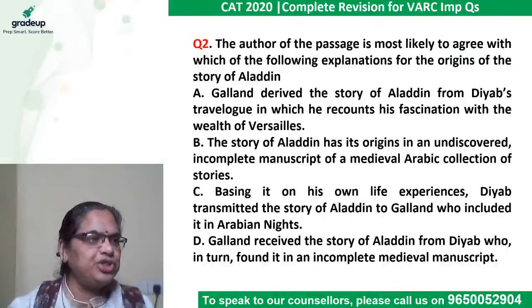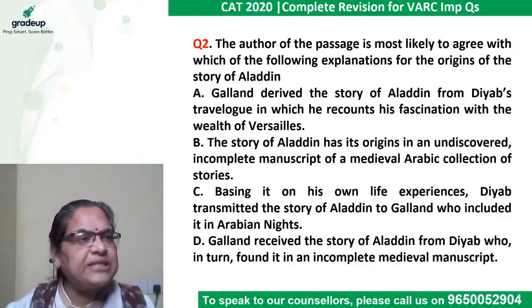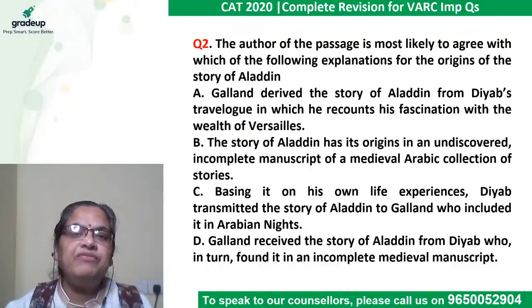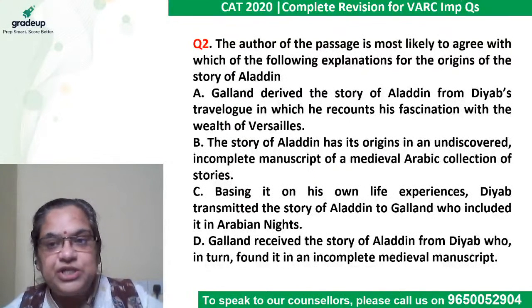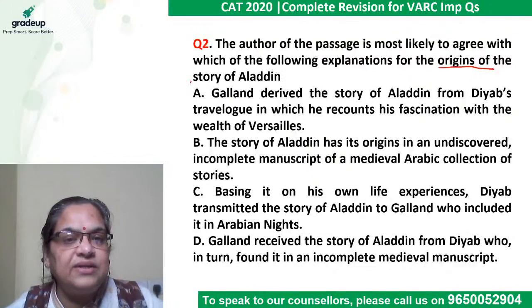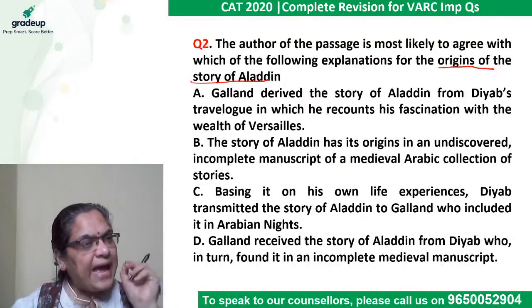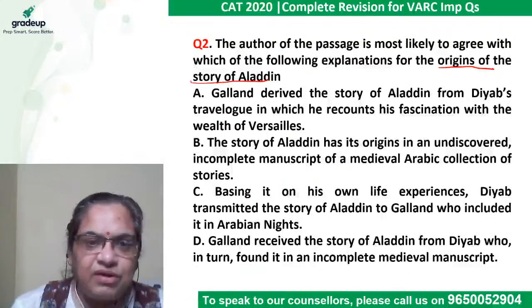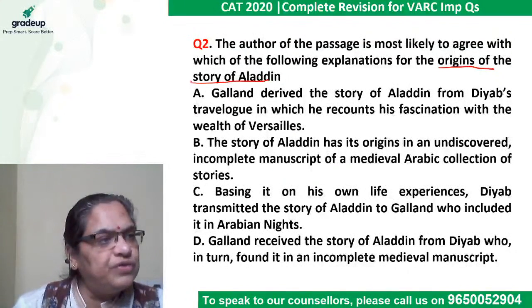Second one, question 2. The author of the passage is most likely to agree with which of the following explanations for the origins of the story of Aladdin. So the author of the story has a theory of what is the origin of the story of Aladdin.